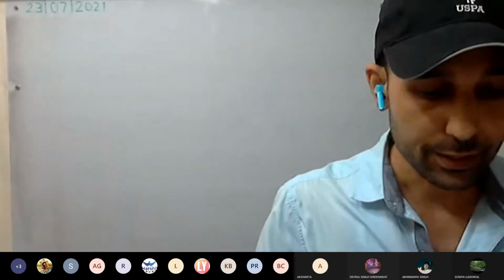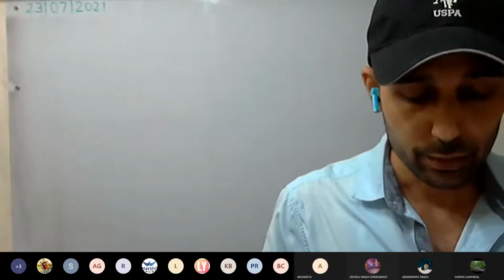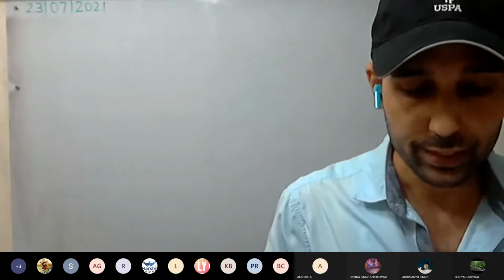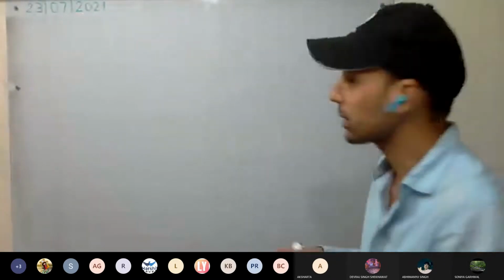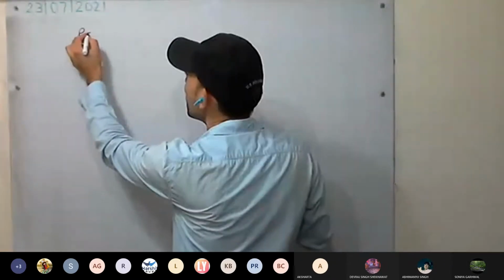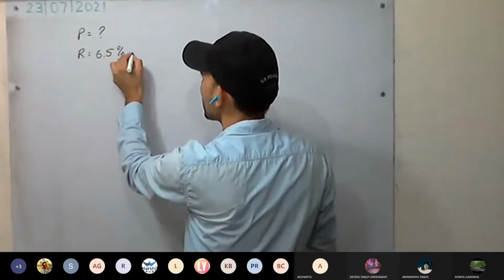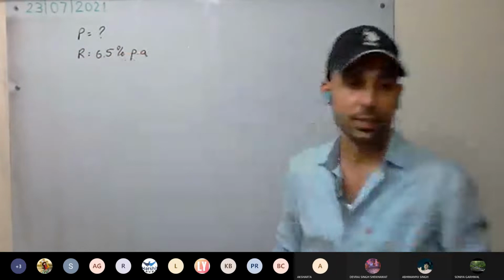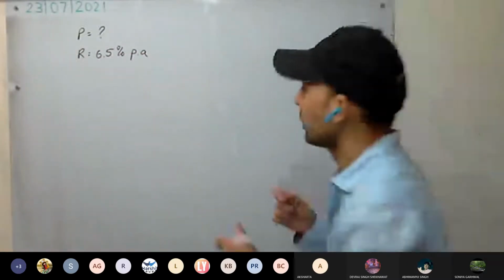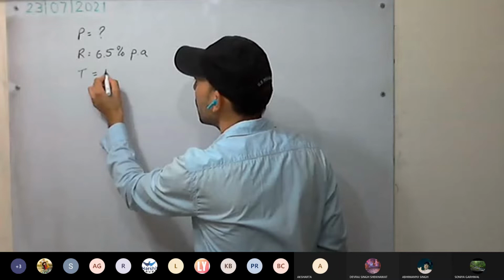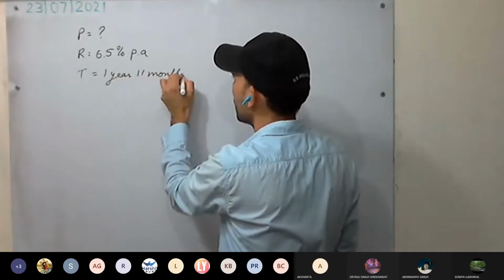If the simple interest on a sum of money lent at 6.5% per annum for 1 year and 11 months is 897 rupees, find the sum of money. So principal is not given to us. Rate is given, 6.5% per annum, and time is given, 1 year 11 months.